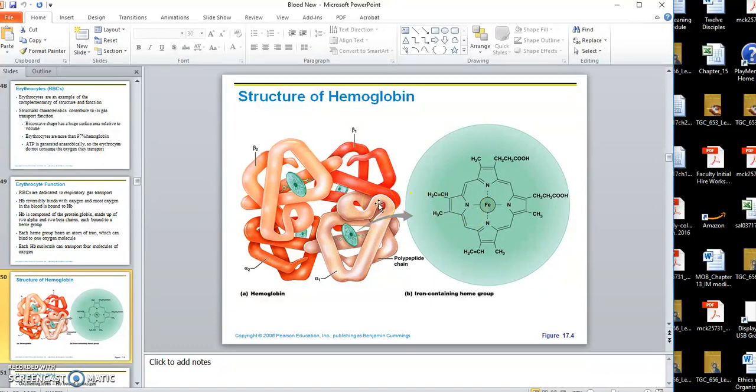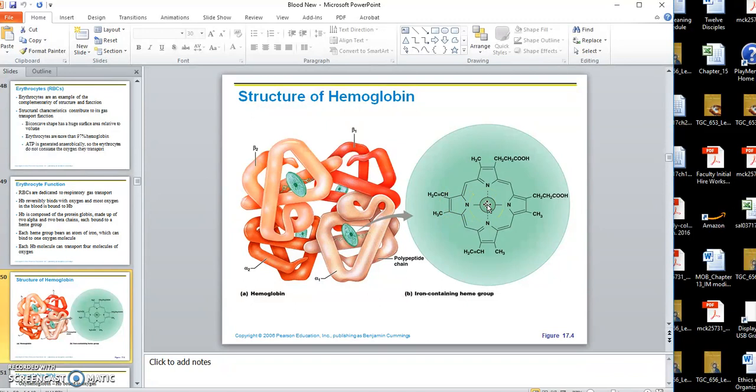There are different kinds of hemoglobin, different types of globin. Adult hemoglobin, which is called HbA, has 2 alpha polypeptides and 2 beta. You even have a fetal hemoglobin. So hemoglobin is made up of heme, which is a tetrapyrrole ring structure with an iron in the middle, hooked to globin.